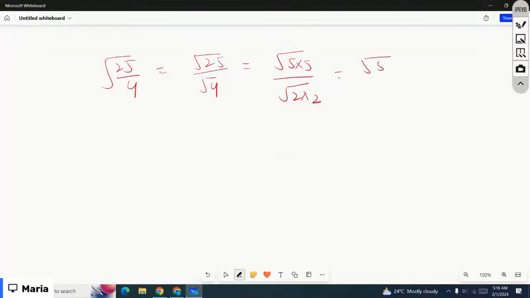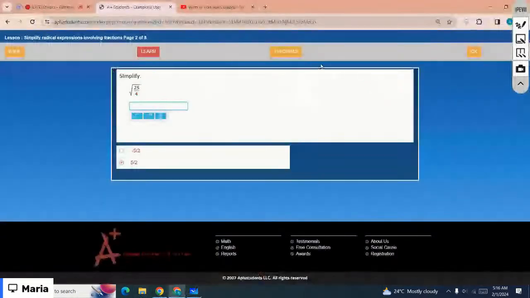So that would be 5 squared and 2 squared. The squares and square roots cancel out, and you are left with 5 over 2. So the correct option is 5 over 2. Option number 2 is the correct option, right?